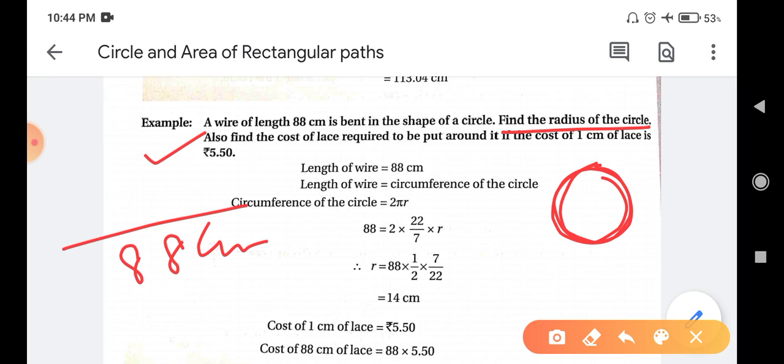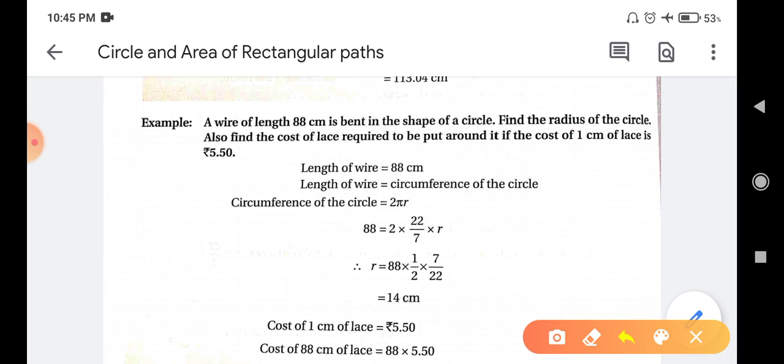So length of wire will be equal to circumference of circle and circumference of circle is 2 pi r. Then put the values. Circumference of circle is 88 and 88 will be equal to 2 into 22 by 7 into radius, which we don't know. So we have to find the radius.